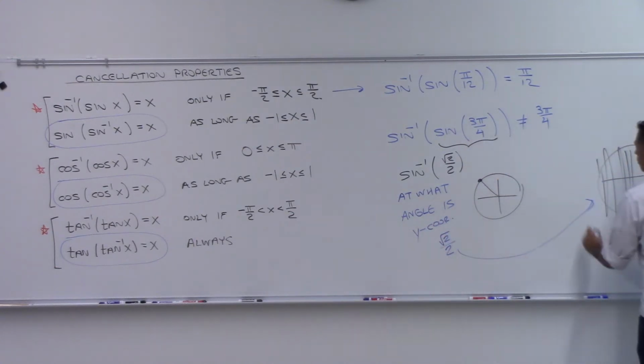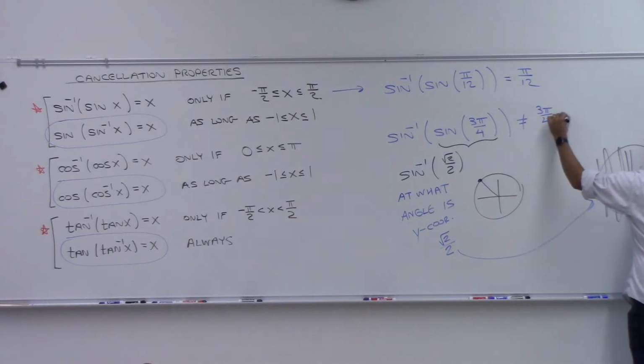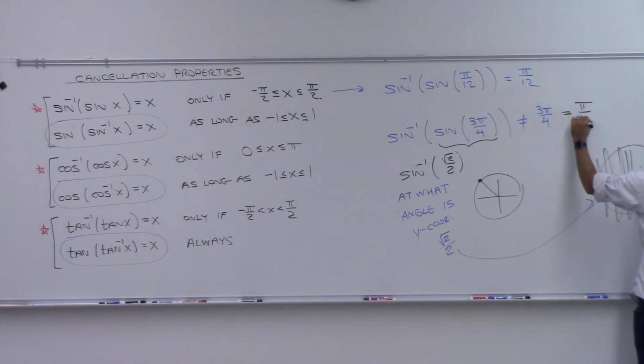But in this picture right here, not in that one, in this one. So where does that happen? Where's my y coordinate root 2 over 2? Right here, at this angle, which is pi over 4. So this isn't 3 pi over 4. The answer is actually pi over 4.